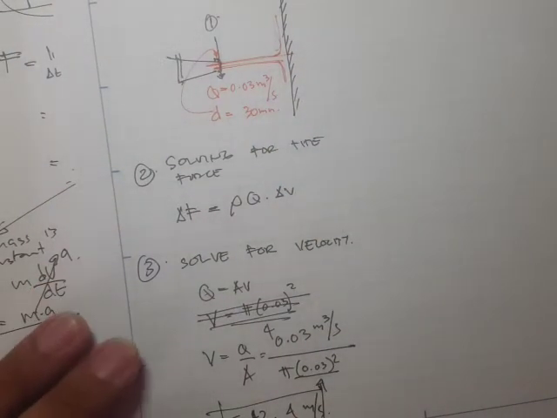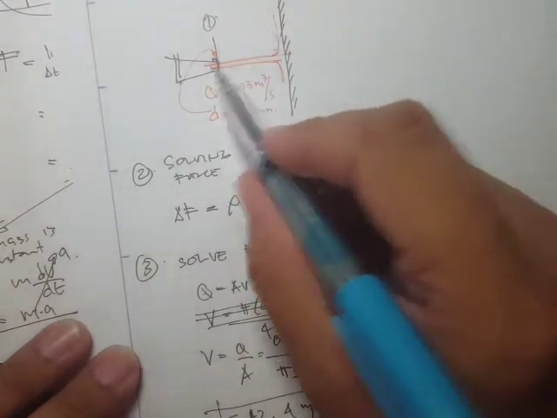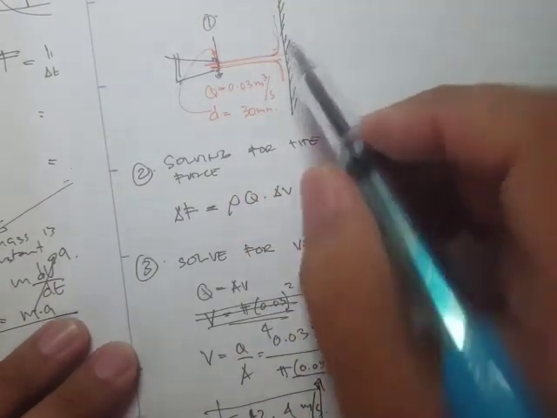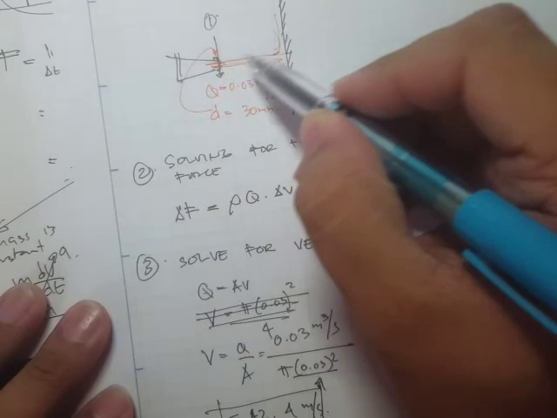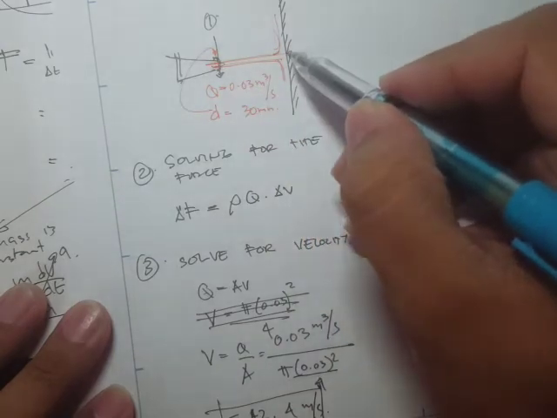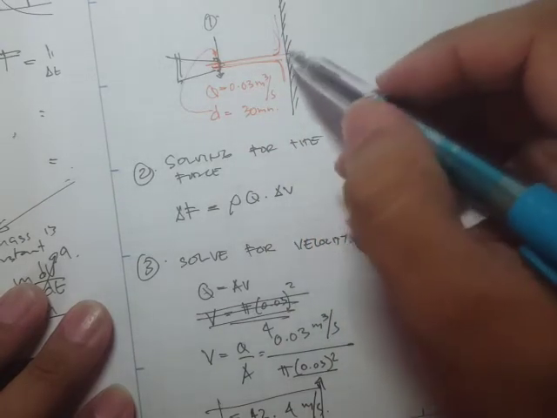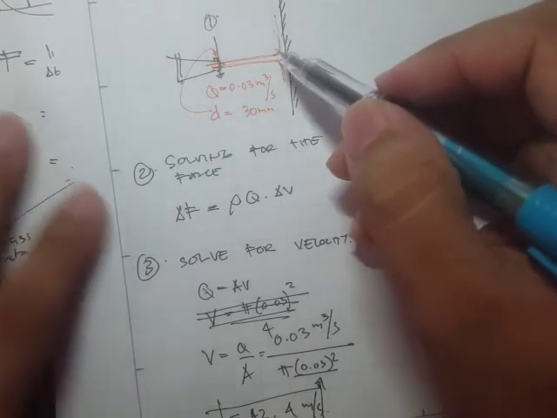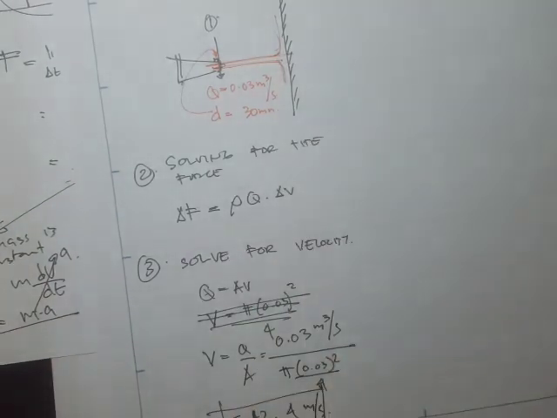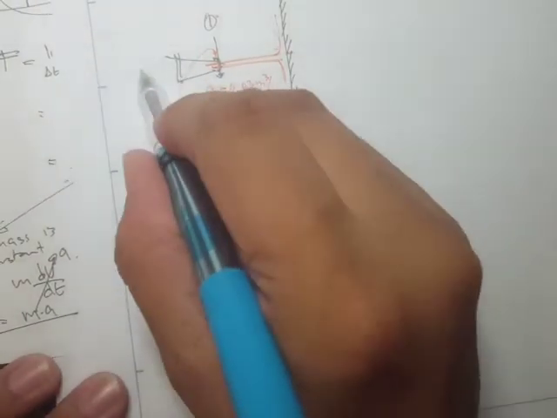Since this is the given diameter, we can assume that the diameter all throughout this length would be uniform. However, the velocity here would be different in terms of the vector. This one is purely horizontal.